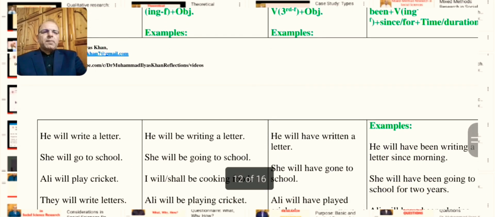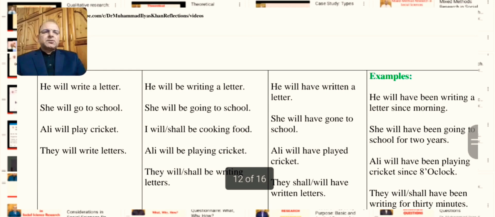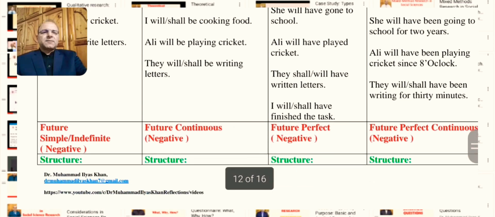And then have a look at these examples of each of the subtypes of the future tense, that is the future simple, future continuous, future perfect, and future perfect continuous in their affirmative forms. So these sentences are examples of this tense.